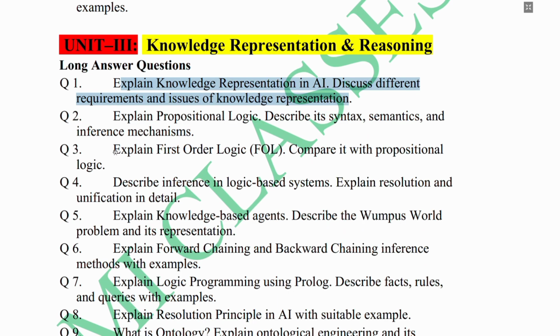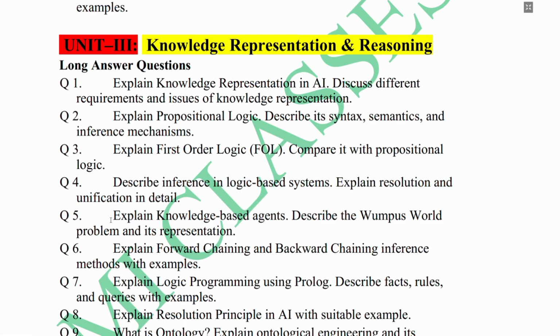The next question is: explain first order logic, FOL, and compare it with propositional logic. The next question is: describe inference in logic based systems, and explain resolution and unification in detail.